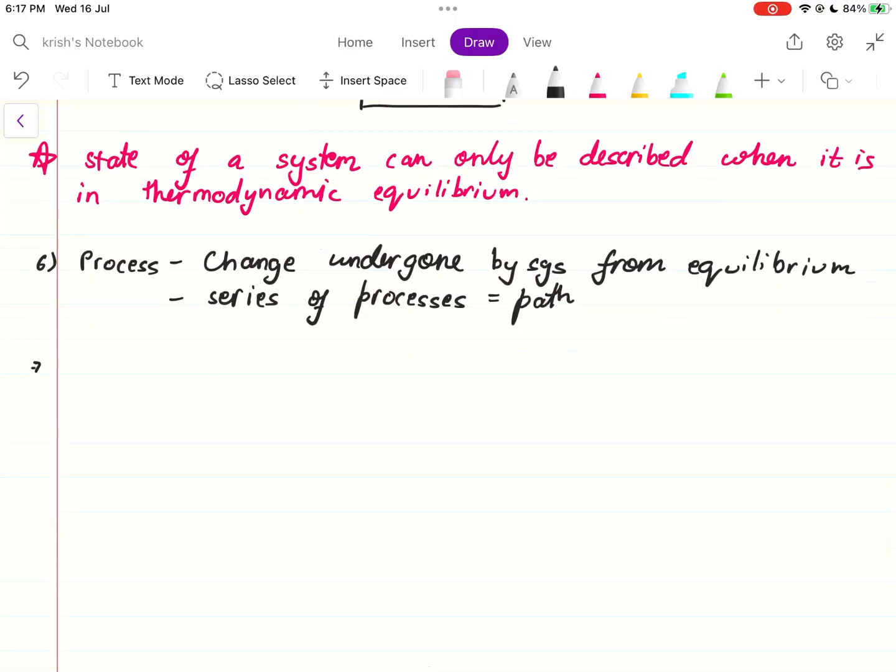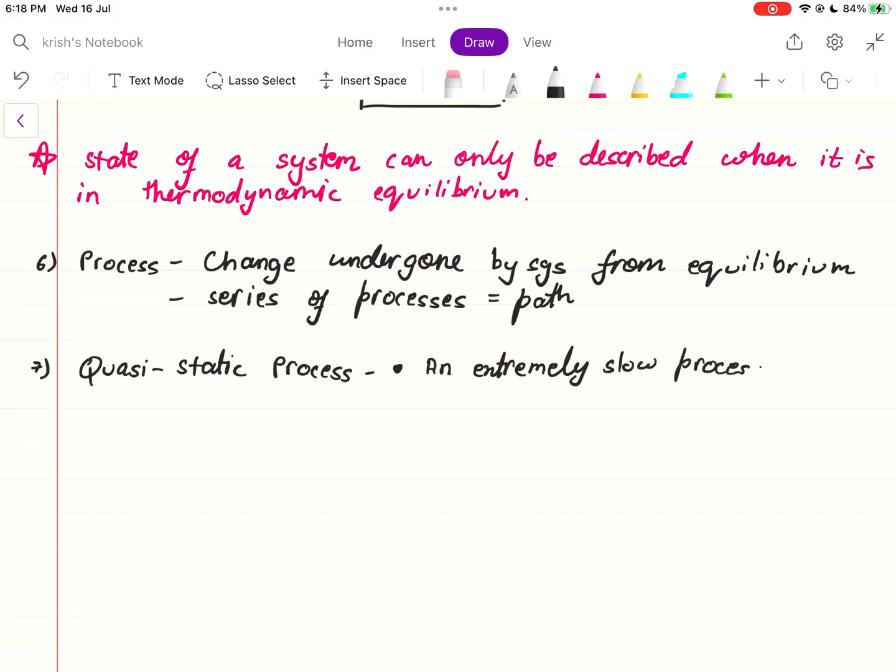Perhaps the most important keyword in the whole process subcategory is a quasi-static process. It is an extremely slow process, such that all your intermediate points are in equilibrium, which is why we are able to describe a system at any point.